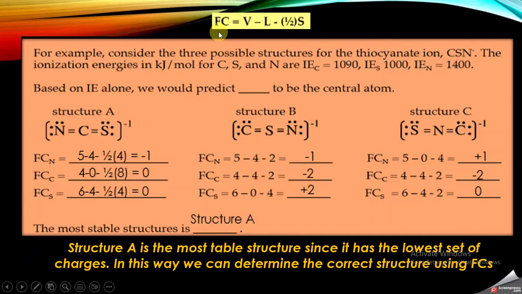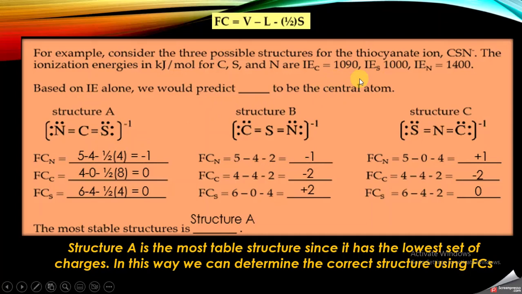Let's do an example. For example, we have NCS, and for example we have 3 structures for the thiocyanate ion, and we have carbon, sulfur, and nitrogen. If we draw based on the ionization energy, we will predict the central atom to be the atom with the lowest ionization energy.